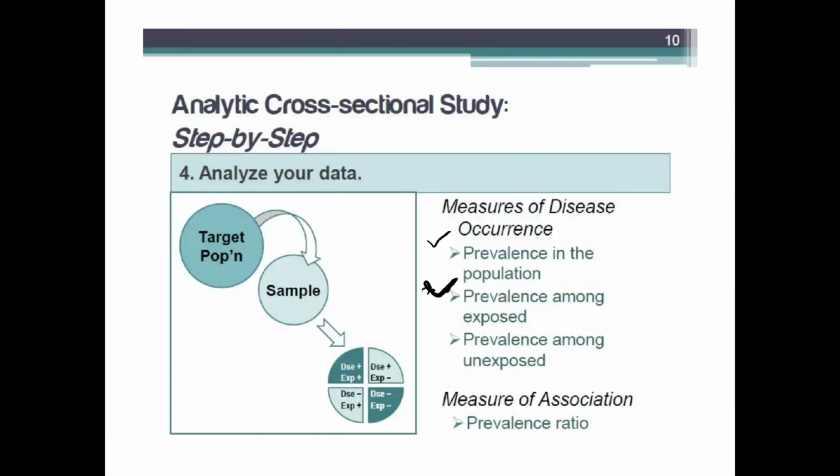Yung prevalence among exposed, and then yung prevalence among unexposed. Okay? And another one, tatlo yan, we have also the measures of association. Ito na yung pinaka-importante. Kasi we can conclude an interpretation based on the computation of this prevalence ratio. Okay? This is your prevalence ratio.